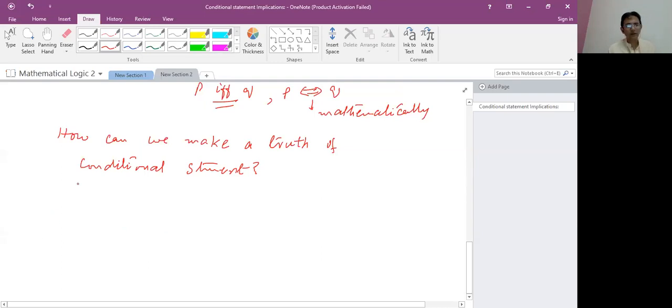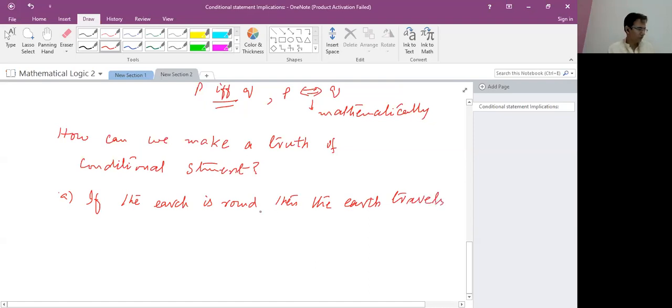The first statement: if the earth is round, then the earth travels around the sun. The first statement.